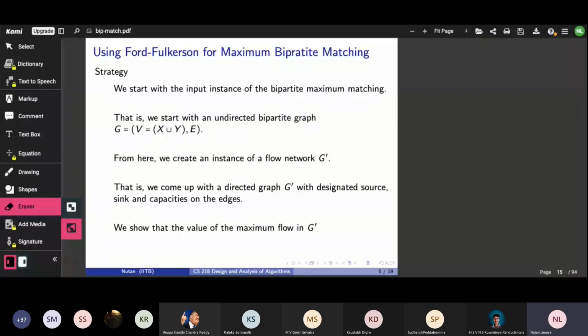Then we show that the value of the maximum flow in G prime equals the size of the maximum matching in G. So this is just the outer strategy of how we plan to go about deriving the solution of the maximum bipartite matching problem via the Max-Flow Min-Cut theorem.